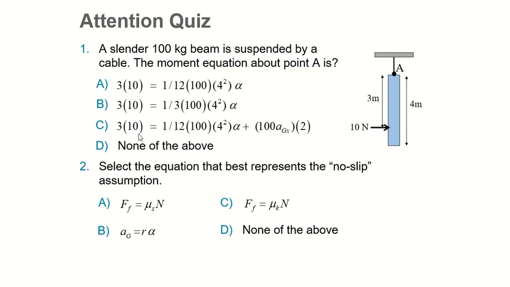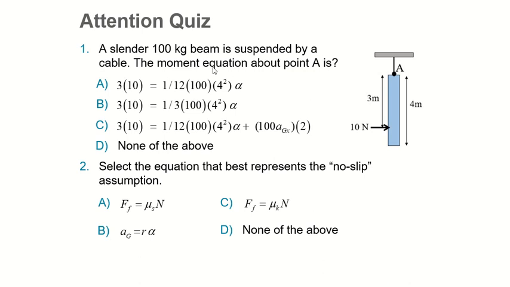So this is your moment equation about the point A. The other option is not right because you're missing the weight at the G center point, so we eliminate A. You might not get this, but don't worry about that.